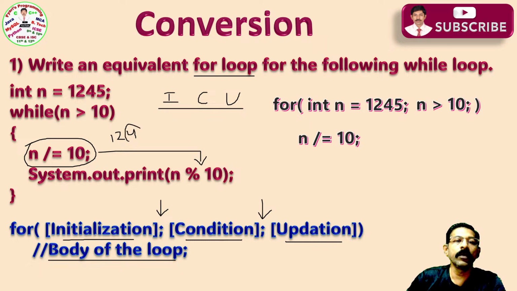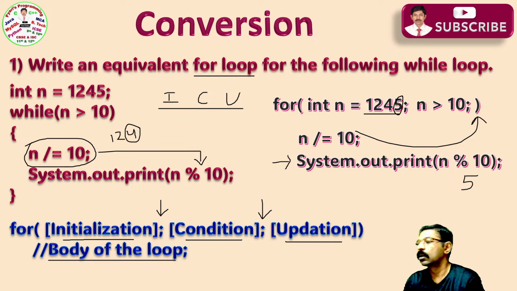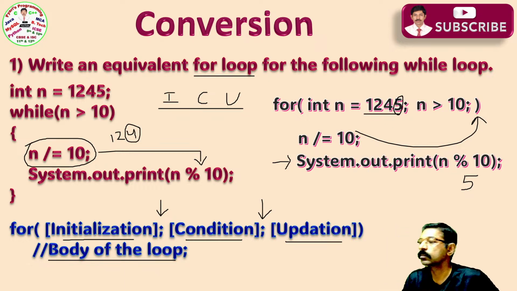Hence the remainder will be 4 in this case. But if I put this updation over here, n is 1245 and n modulo 10, if I put it inside the for loop, then it will execute this one. It will give me 5, because the unit digit is 5. Hence it is going to be wrong. Is it clear? Got it?